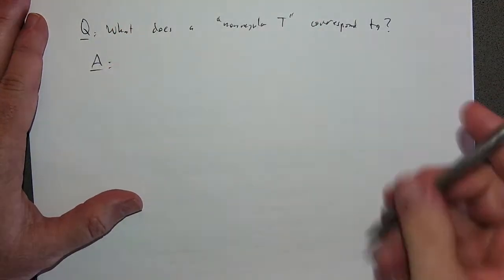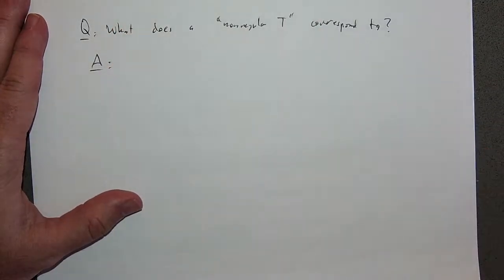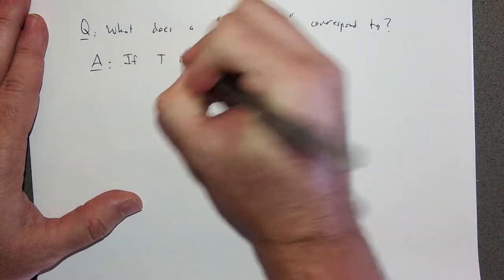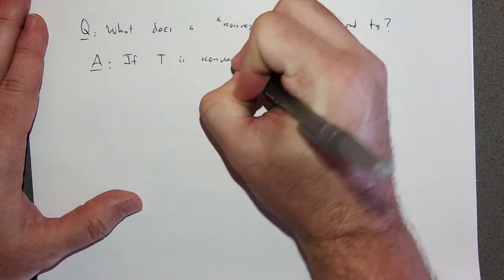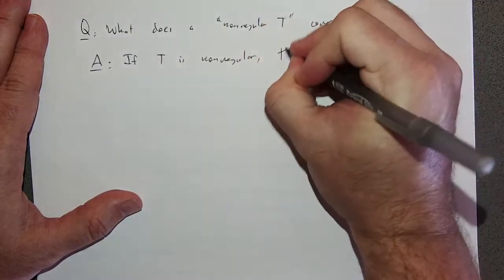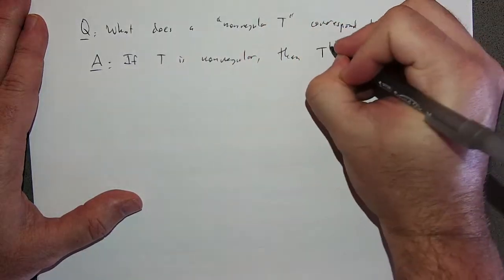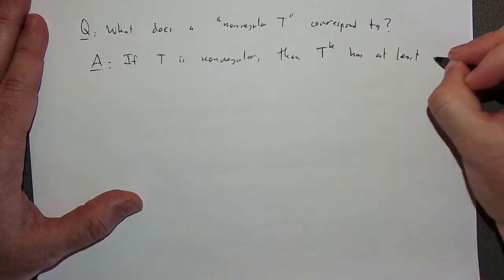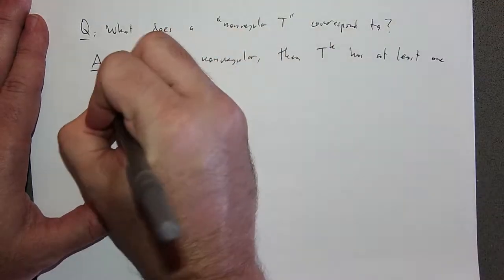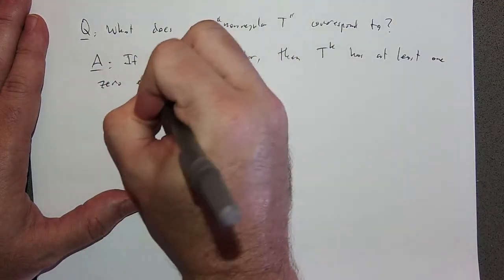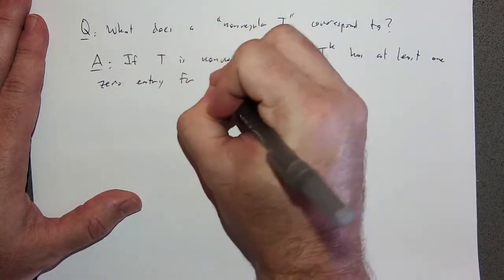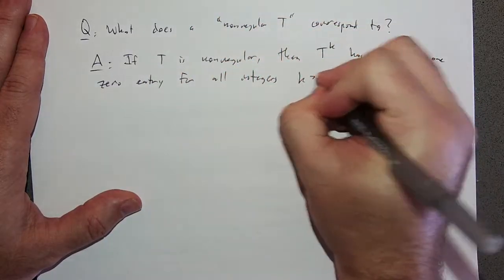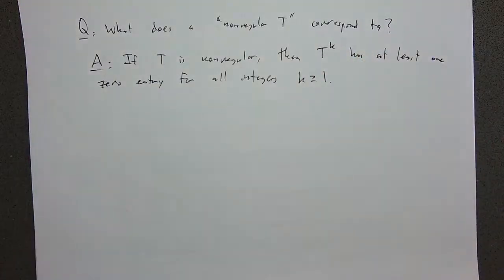If T is non-regular, then T to the k has at least one zero entry for all integers k greater than or equal to 1.